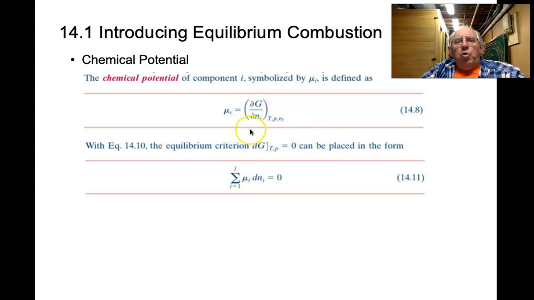And that previous equation representing equilibrium is then no more than a summation of the chemical potential weighted by the differential change of each of the individual components, setting that equal to 0. So that is our equilibrium criterion for a mixture as it switches equilibrium compositions in order to find the one that is the equilibrium condition.